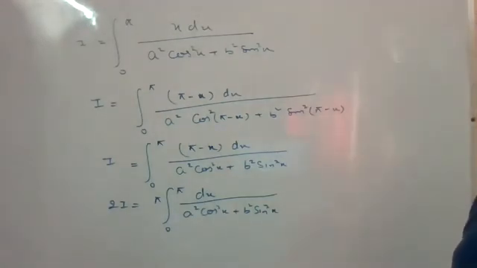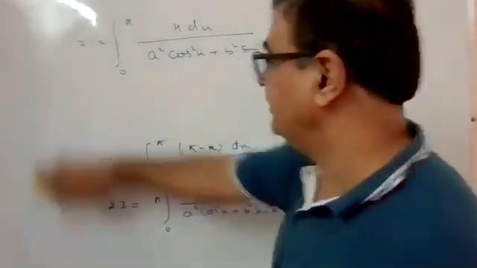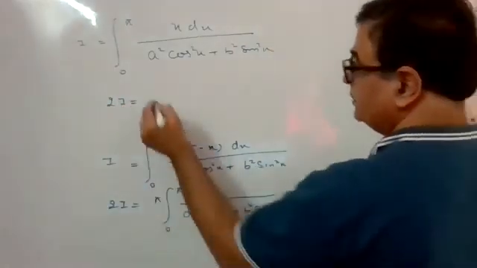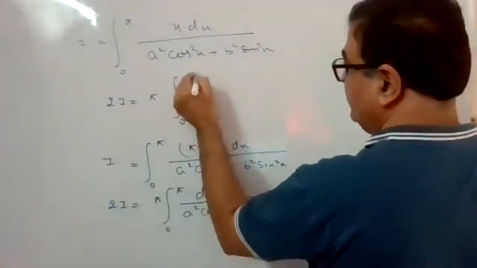Is this clear? We will divide by cos square x. So I write down 2I is equal to pi times the integral from 0 to pi.